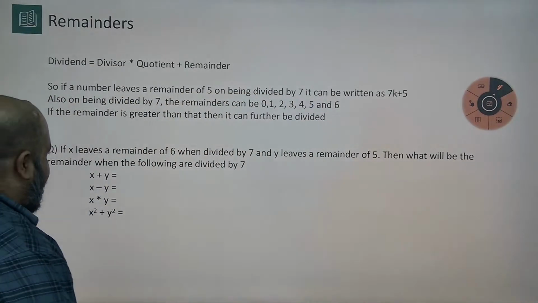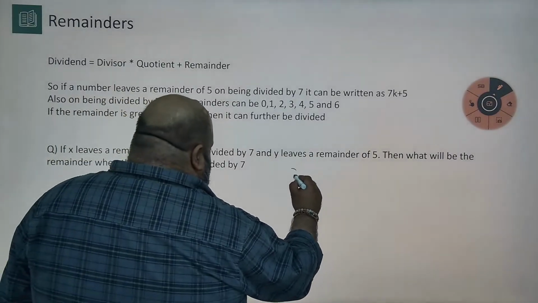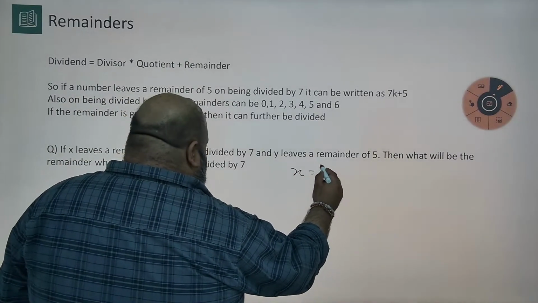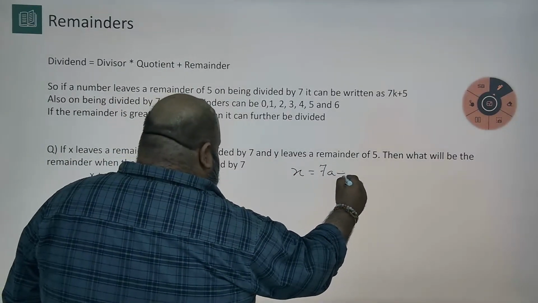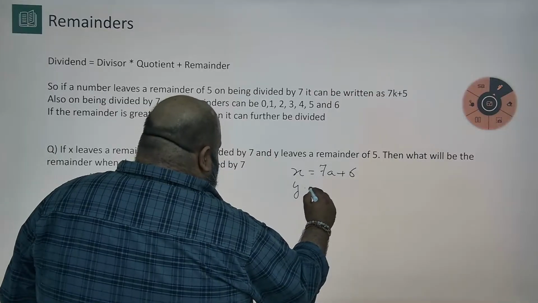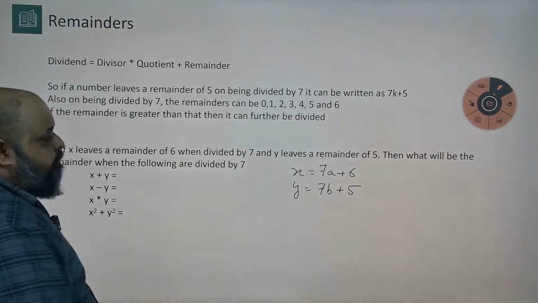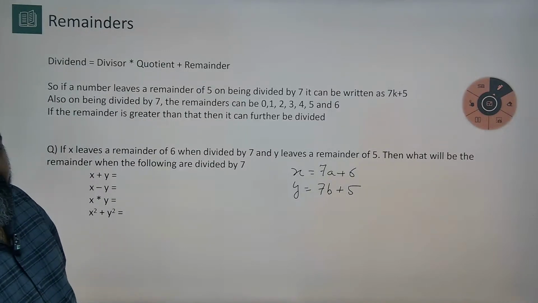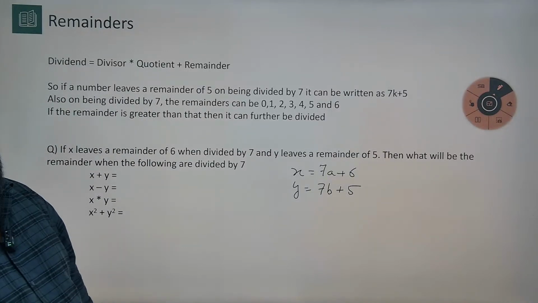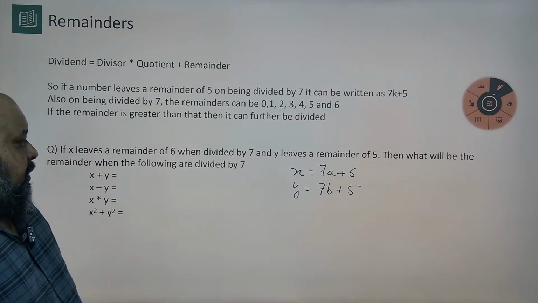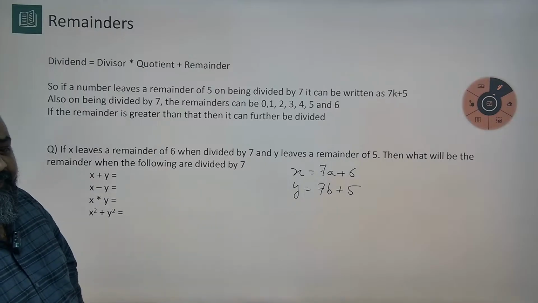So what happens? See, x for me is a number of the format 7a plus 6. y for me is a number of the format 7b plus 5.